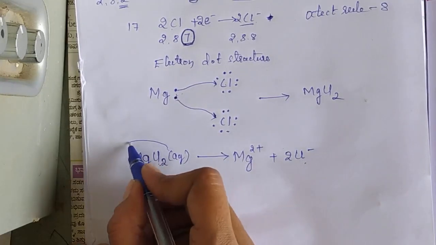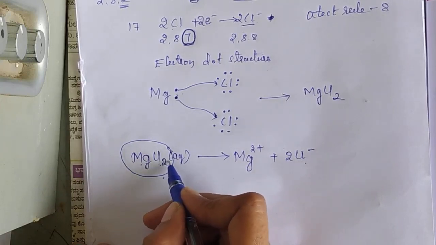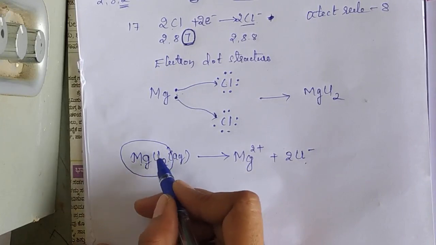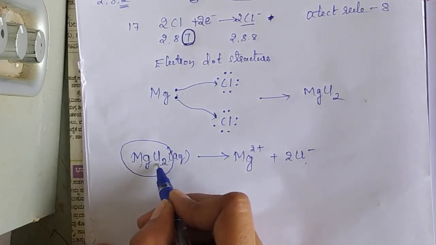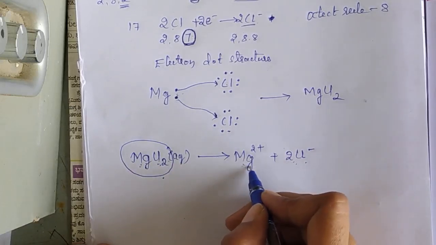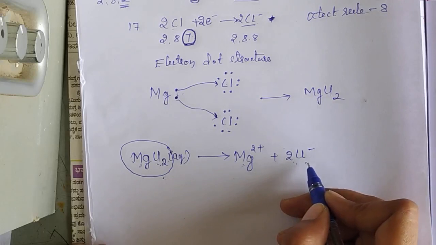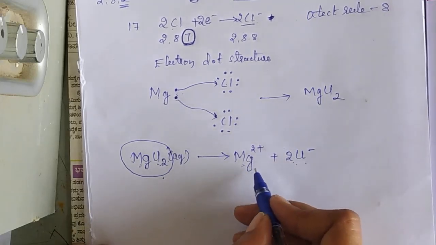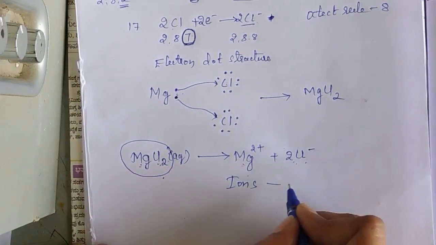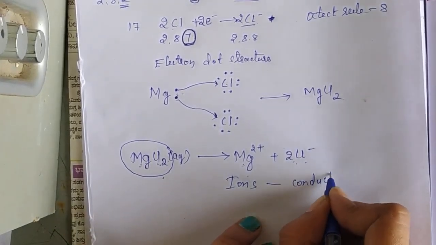Magnesium chloride is an ionic compound. In aqueous solution or in the molten state, magnesium is present in the form of cation and chlorine in the form of chloride ion. These ions are responsible for the conduction of electricity.